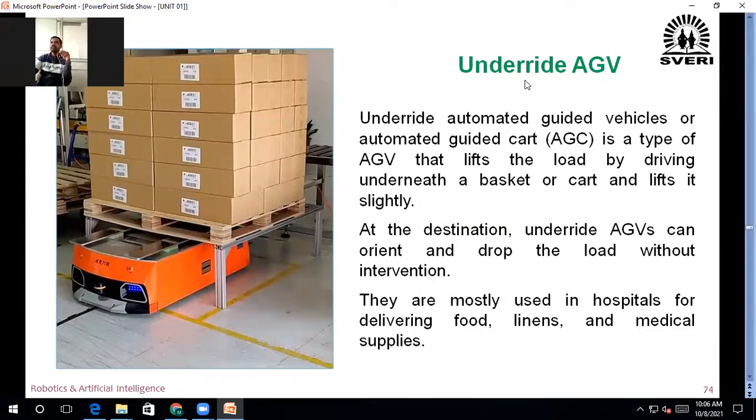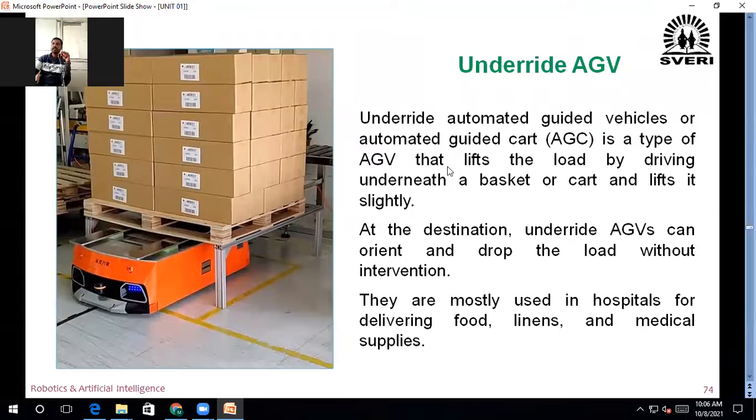Next one is the underride AGVs. Underride automatic guided vehicles, also known as the automated guided cart. AGC is a type of AGV.